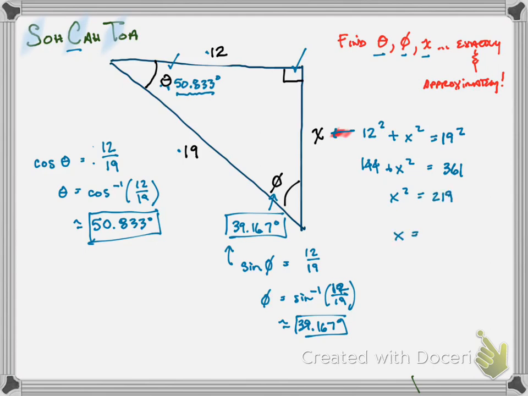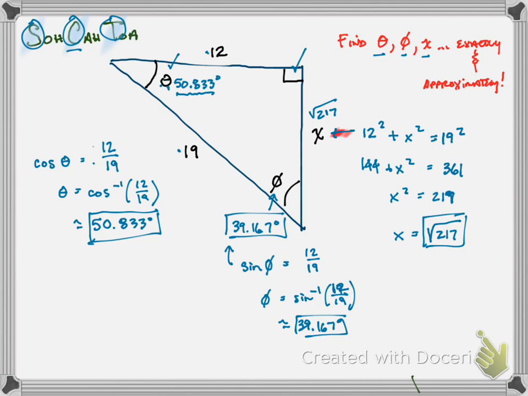And so x is exactly equal to the square root of 217. Again, that's exact. Nothing's been rounded. If I wanted to approximate, I could type that in, and we'd get approximately 14.731.